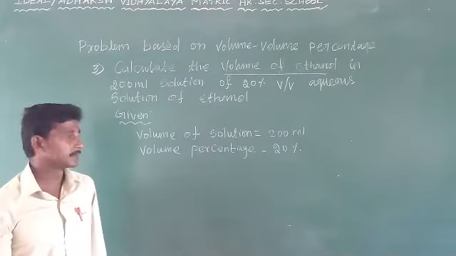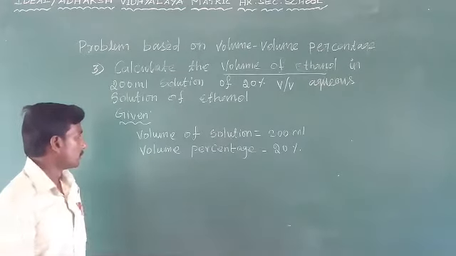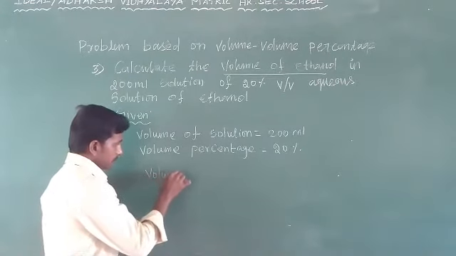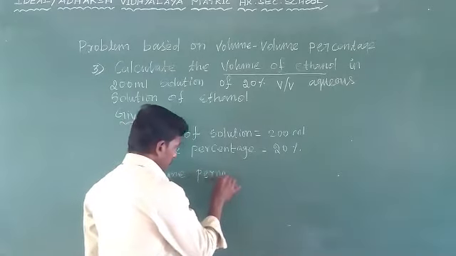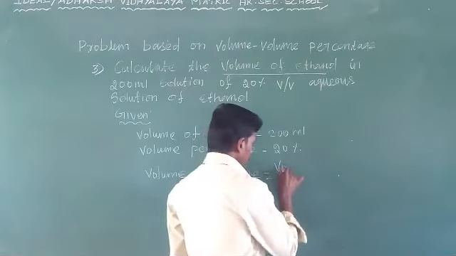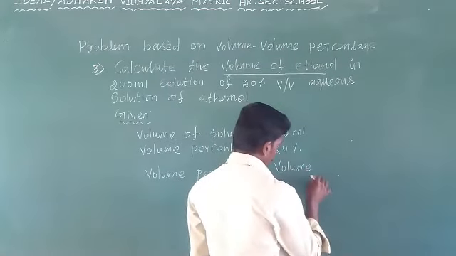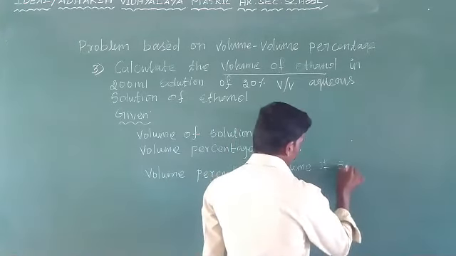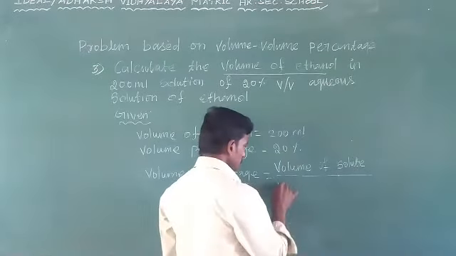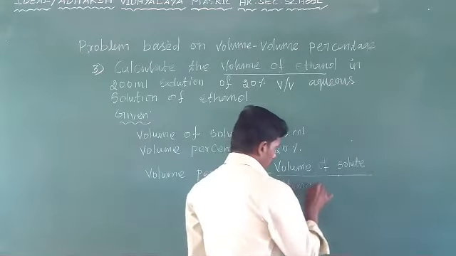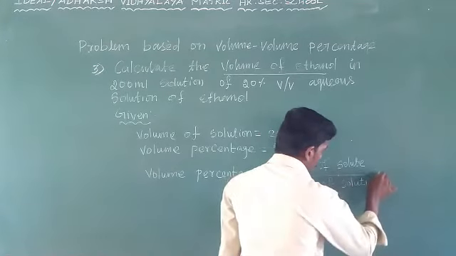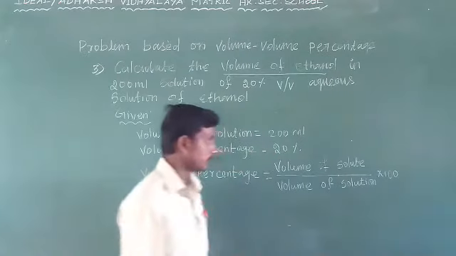To calculate this, first we have the formula: volume percentage equal to volume of solute divided by volume of solution into 100.